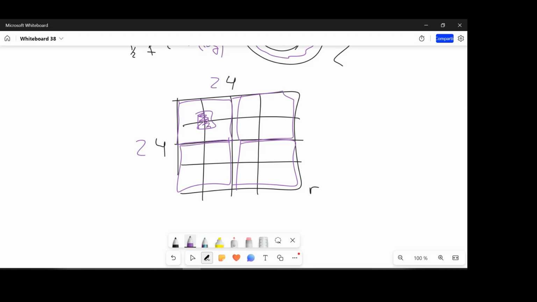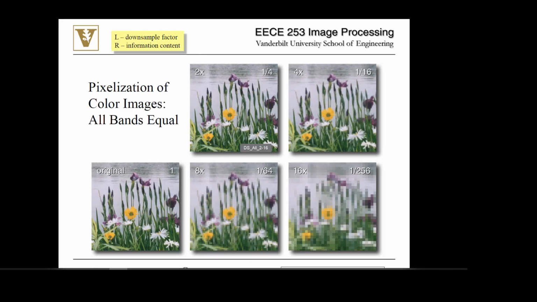Okay, so let's take this image. I don't know how large this is. Let's say it is 1,000 times 1,000. So we have 1,000,000 different numbers for each one of the channels: 1,000,000 red, 1,000,000 green, 1,000,000 blue.